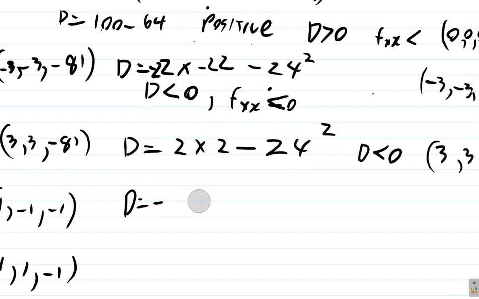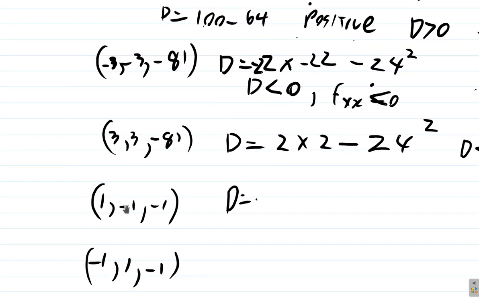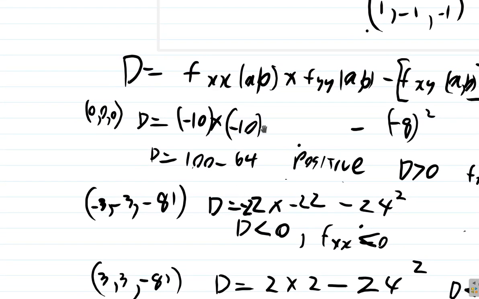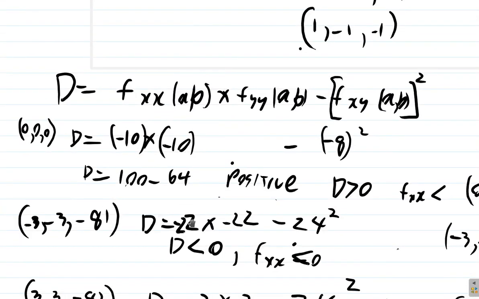It wasn't this we're working out. It was this. So let's try this again. x is 1, y is negative 1. What does D work out to? We want to find out what fxx is.